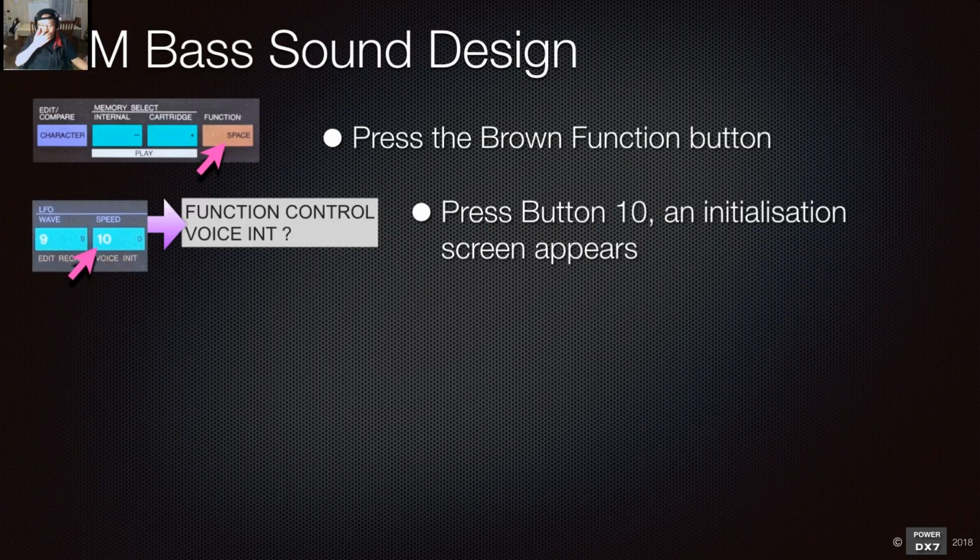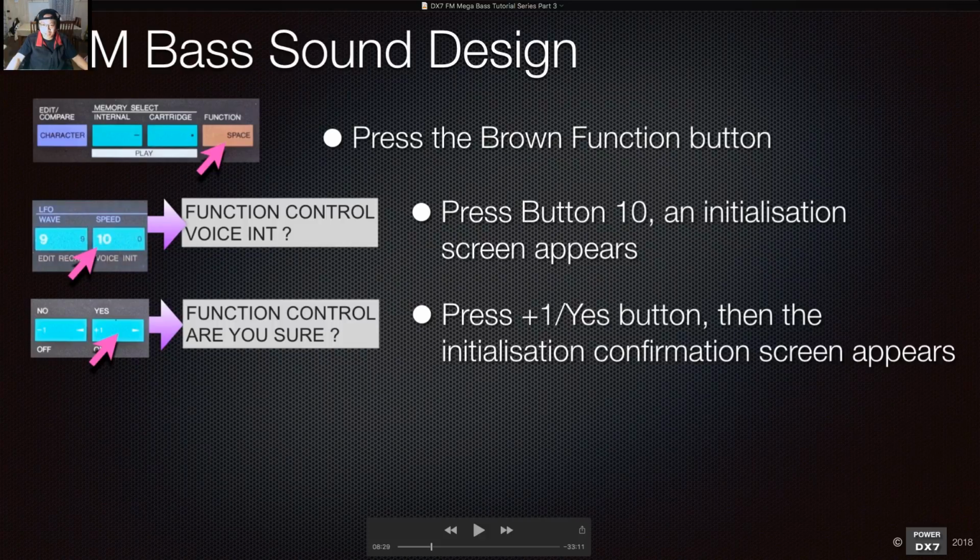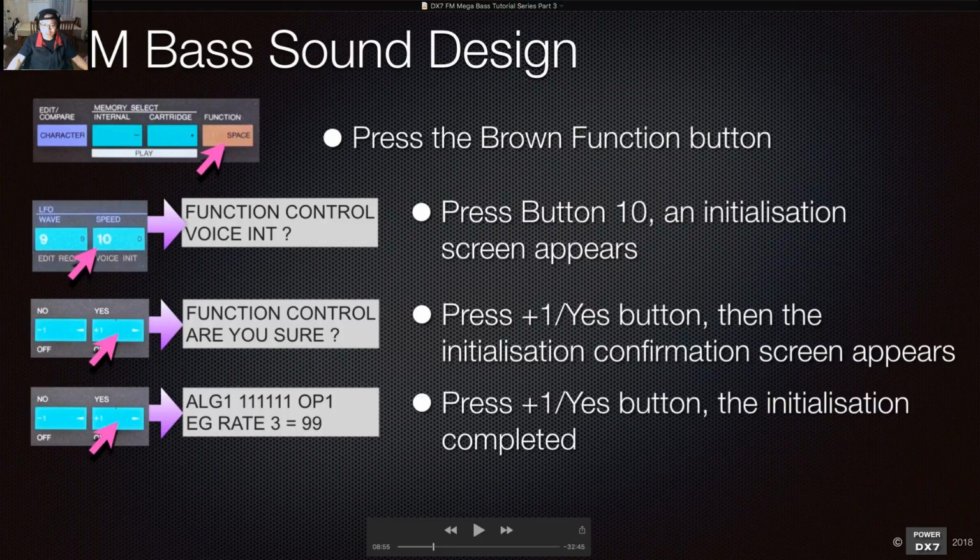So we just started. What we're going to do is start with a voice initialization, and we're going to make the DX a sub bass. This time it's going to be a square one. So press button 10, the initialization screen appears, and press 1 button. Then the initialization confirmation, are you sure? Yes, and you get initialization complete.